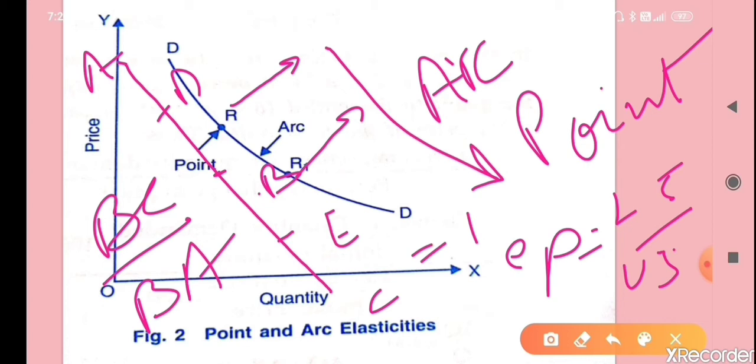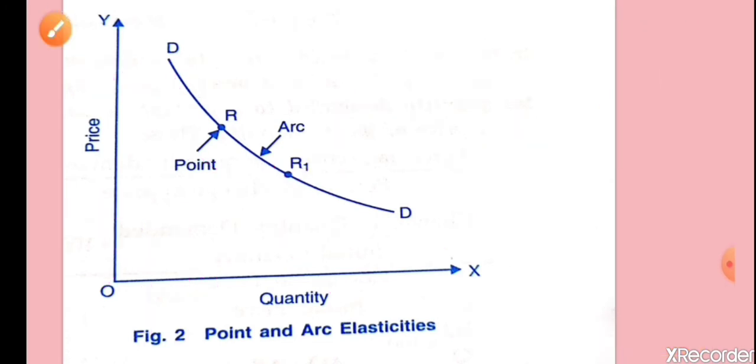And if we are discussing point A, here the lower section is AC upon the upper section, which is 0, so it will be infinite. Like that, we can calculate elasticity at different points.